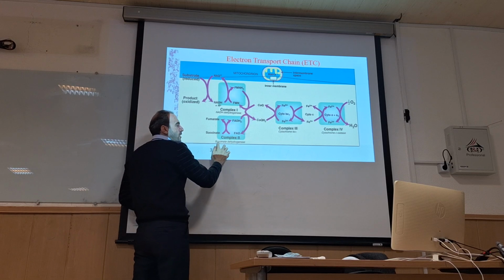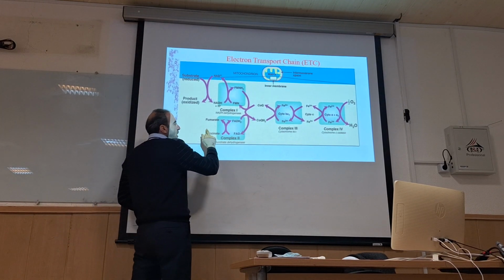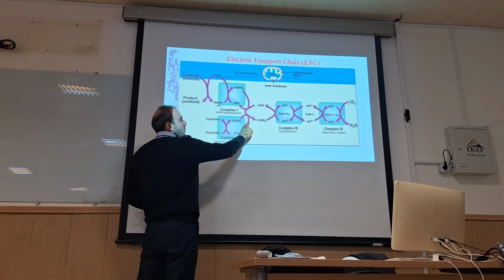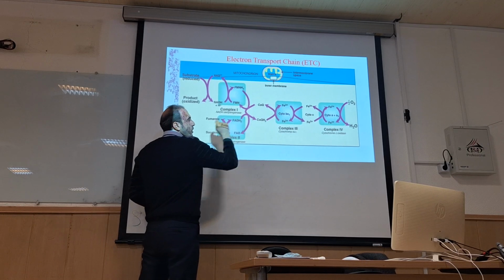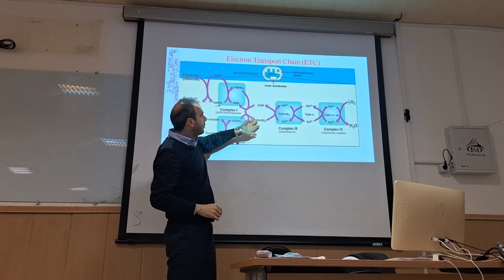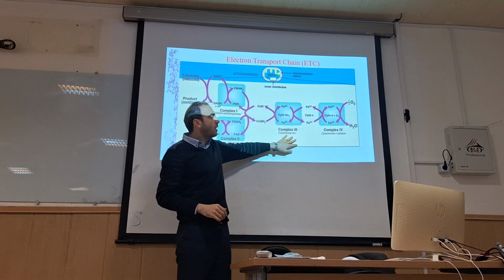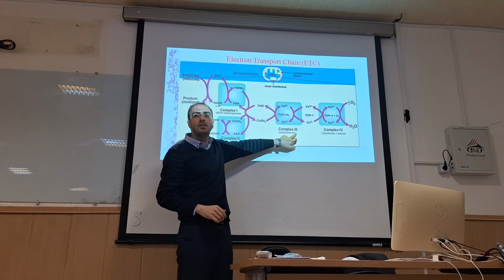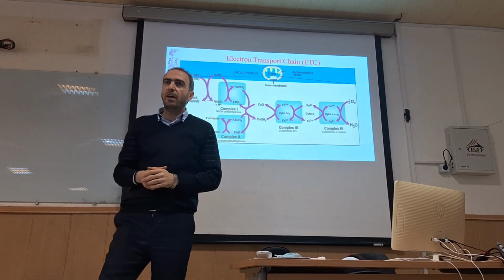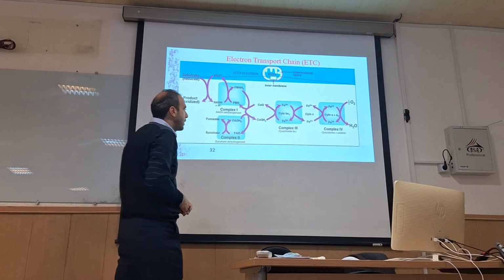Complex number 2, the other name is succinate dehydrogenase. From succinate to fumarate, we produce FADH, and FADH gives its electron to the coenzyme Q. Coenzyme Q transfers this proton and electron to complex number 3, the other name is cytochrome BC1. It consists of cytochrome B 548 and 562, and also cytochrome C1.